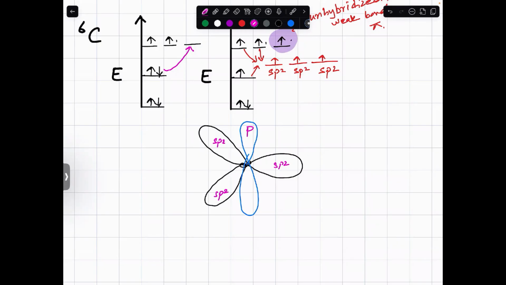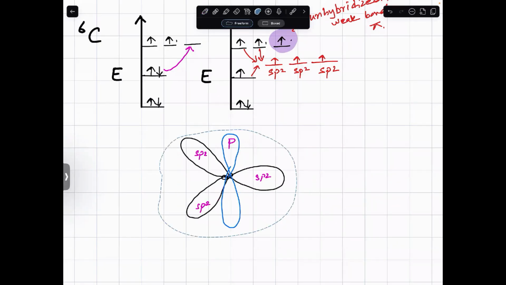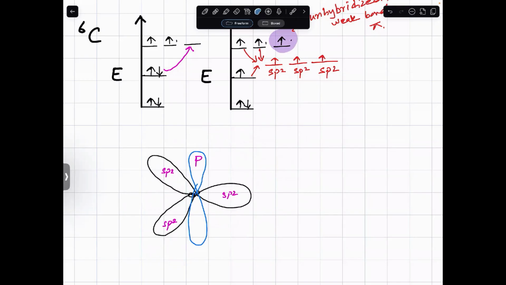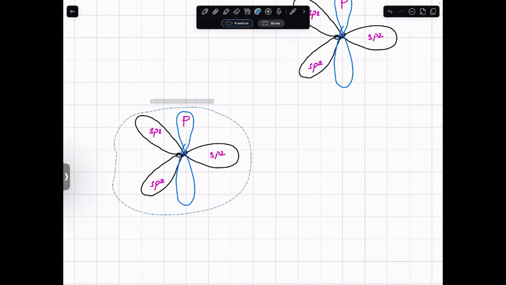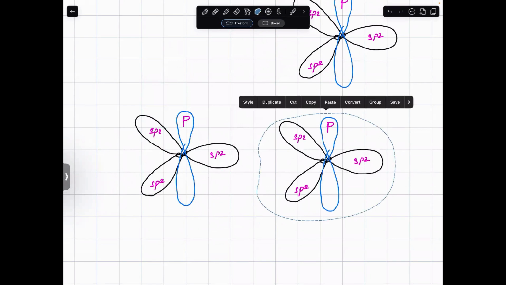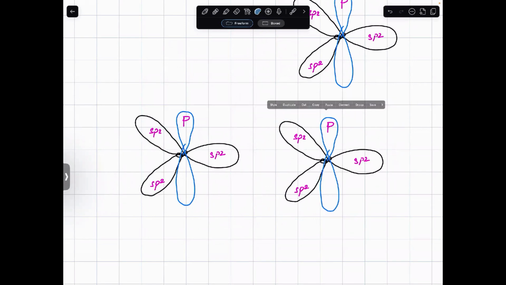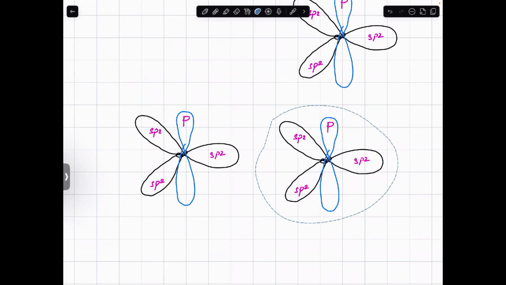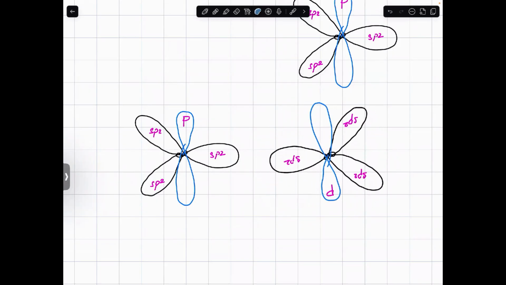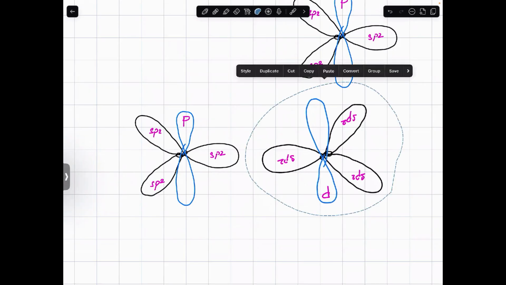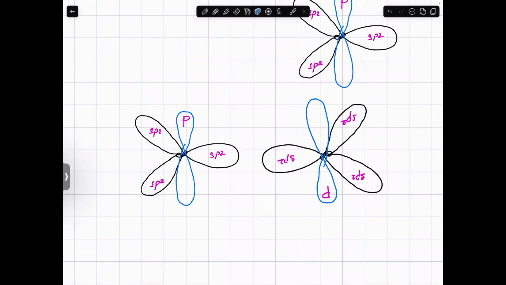If there are 2 such carbons, they are like this. Oh, you know what I'm doing? It's like this. So I rotated this whole.